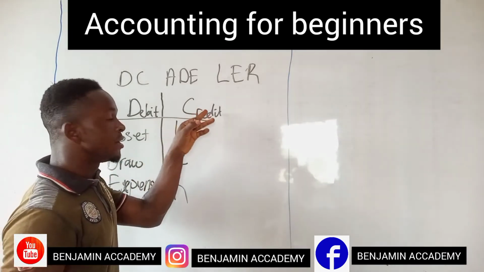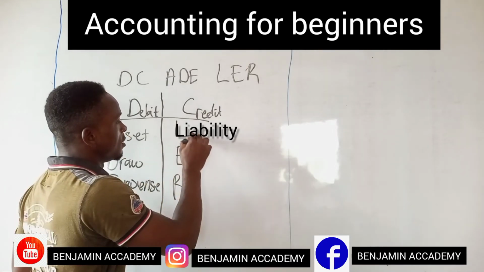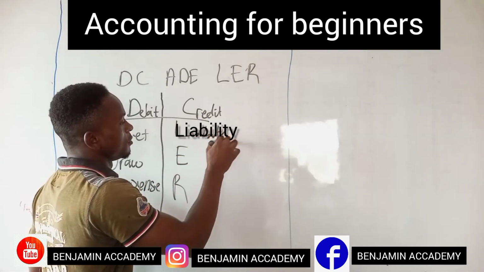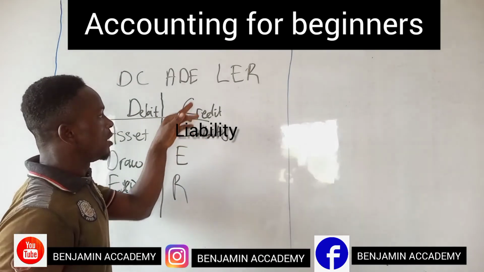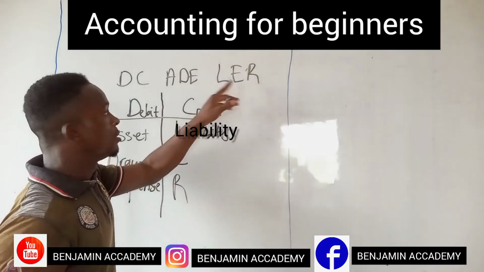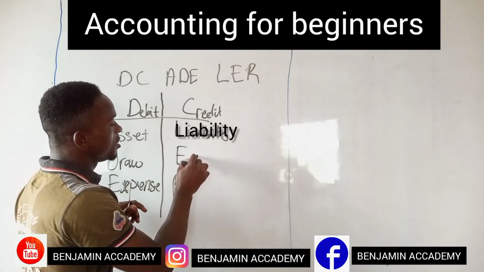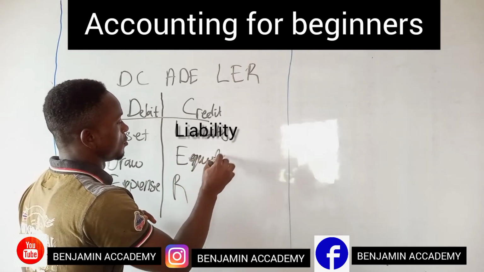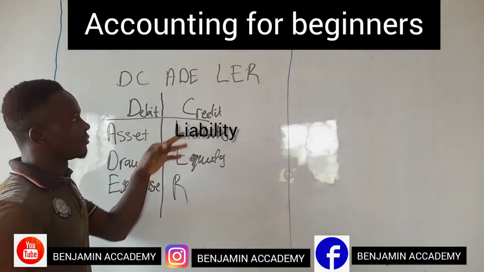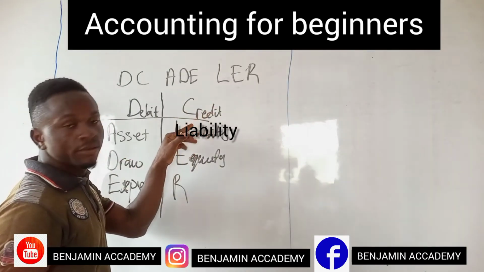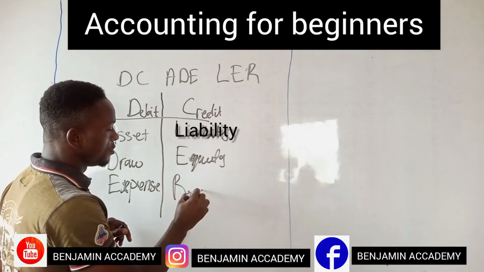L, under the credit, we have liabilities. E, under the credit, we have equity. R, under the credit, we have revenue.